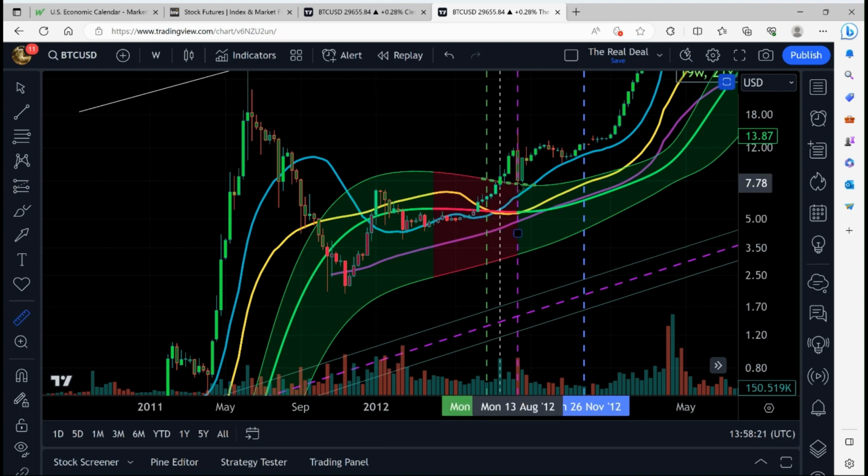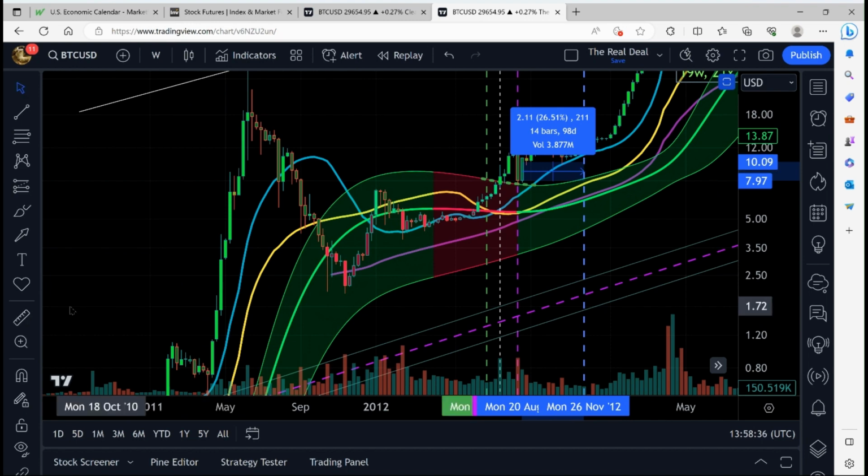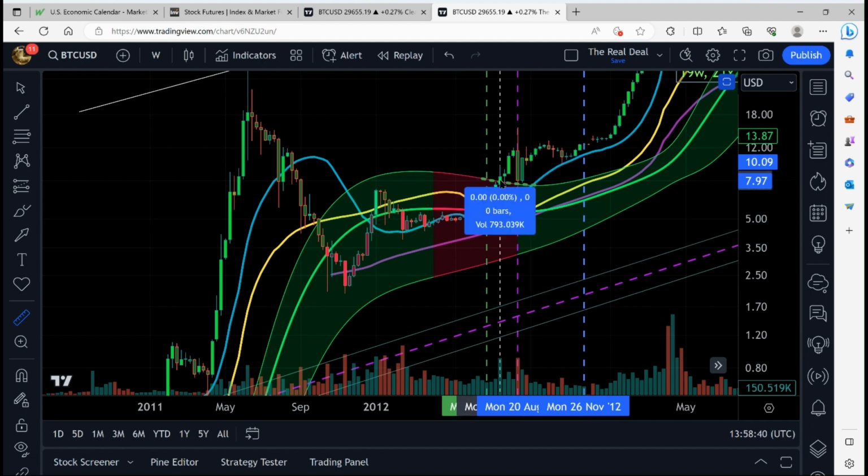So I got my little measuring device. Let's see from where we tested the top. 14 bars, that's 3.5 months. No, so that number that I measured was from where we broke through the top of the weekly Gaussian channel to the halving. 19 bars.